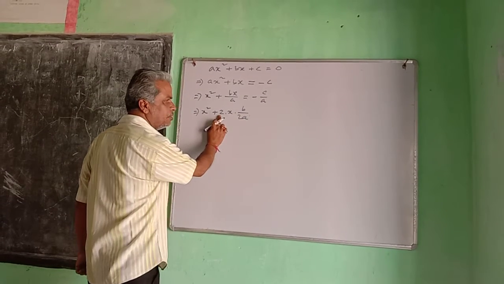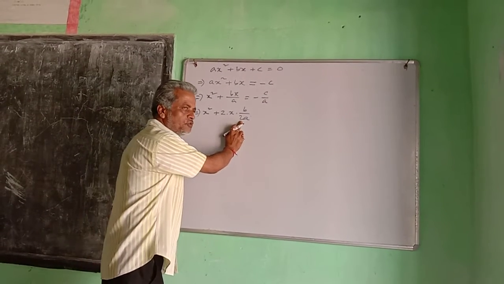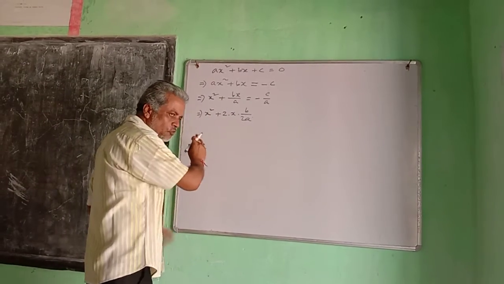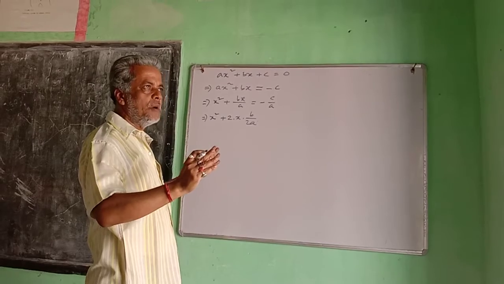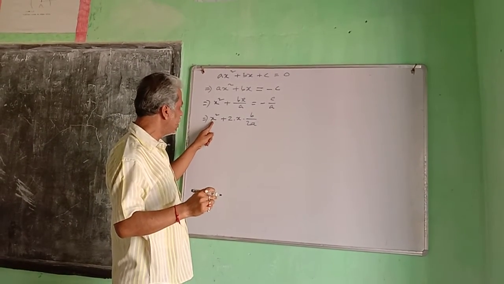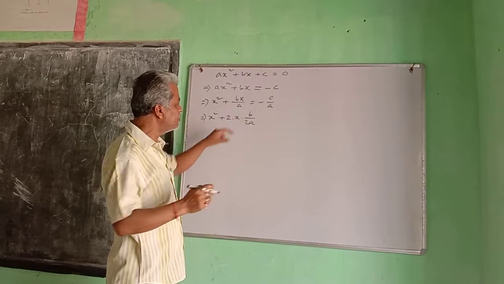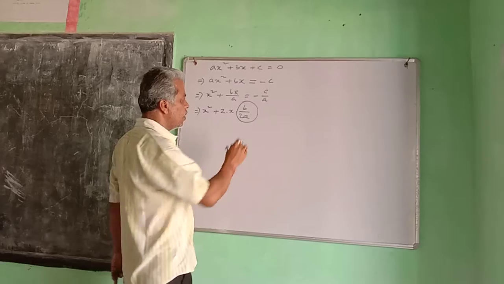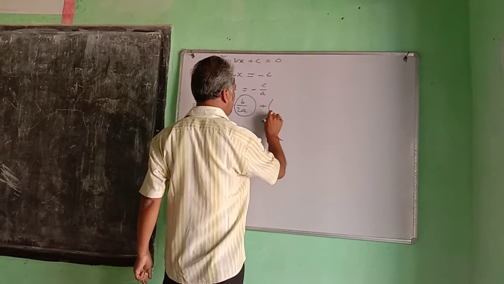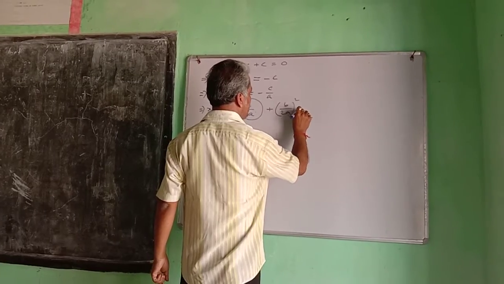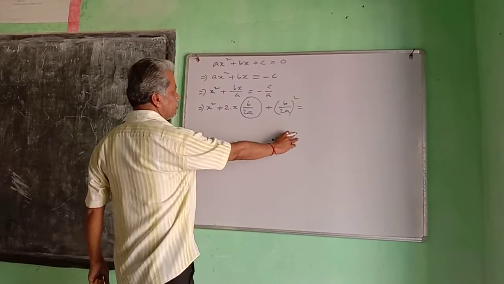We have multiplied by 2 and again divided by 2, so it remains the same. Now, as our target is to complete a perfect square, we already have x squared plus twice x into b by 2a. So add the square of b by 2a to get the perfect square. So it will become a perfect square.